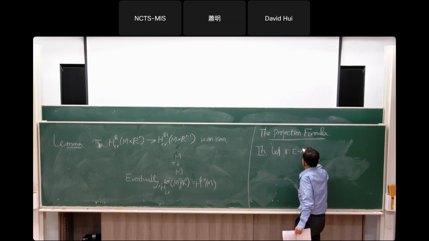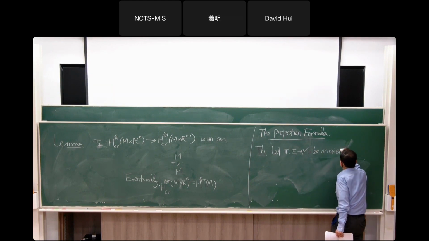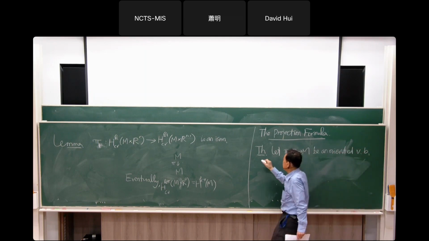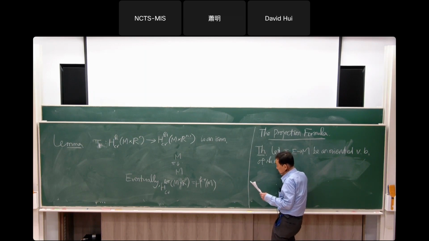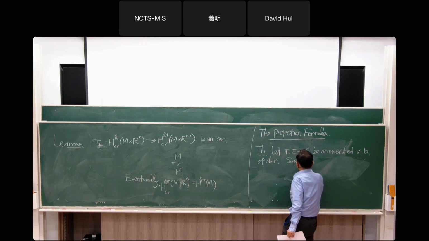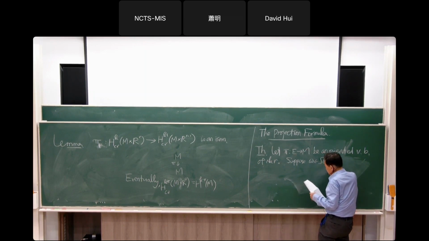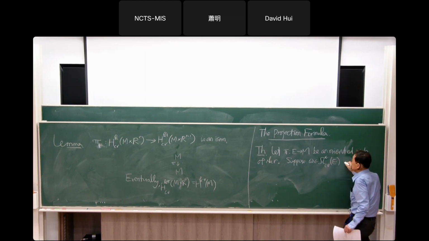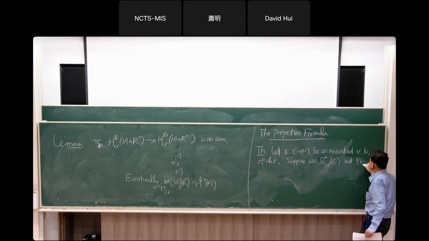We have an oriented vector bundle of rank r over a manifold M. And then suppose we have a form with compact vertical support on E and a form on the base.